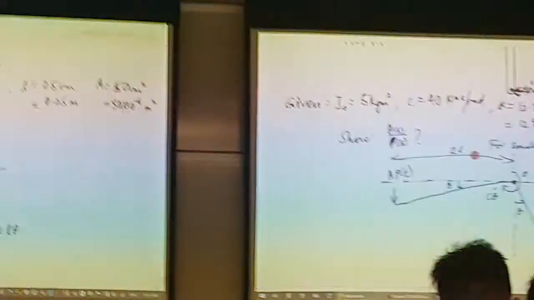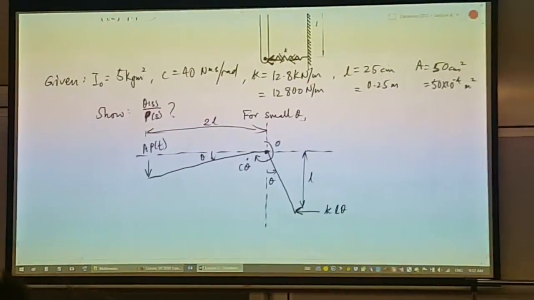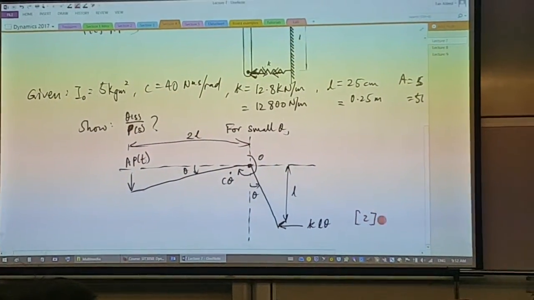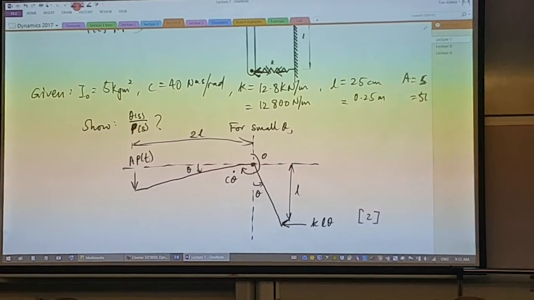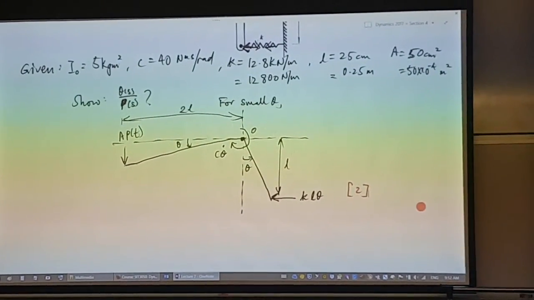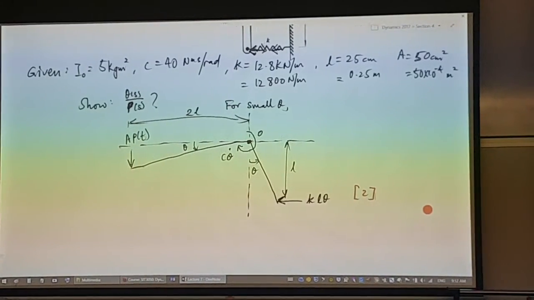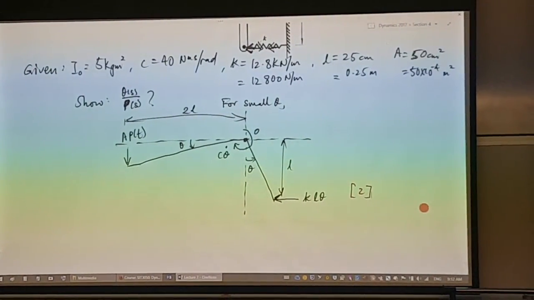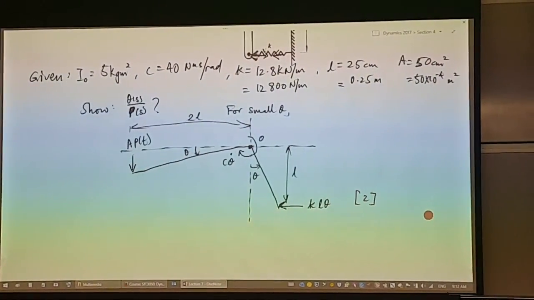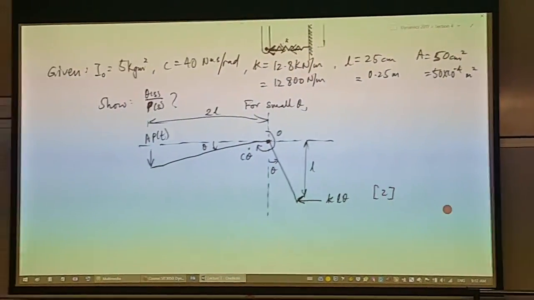How many marks is this free body diagram? This free body diagram is 2 marks in that year for that question. Each mark in your exam is actually worth 1.66 marks because there are only 3 questions.